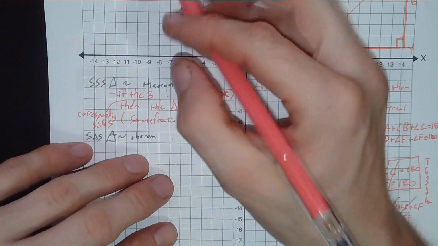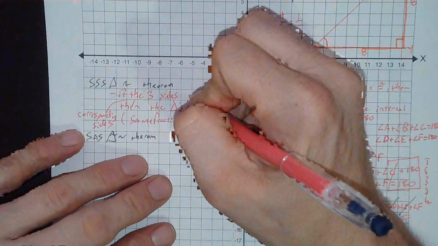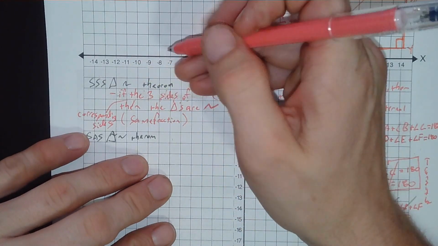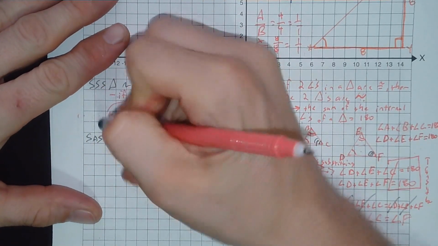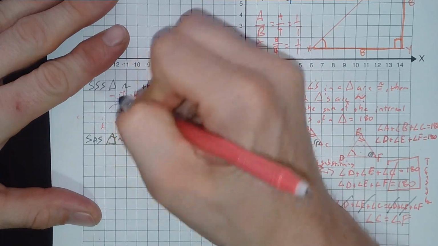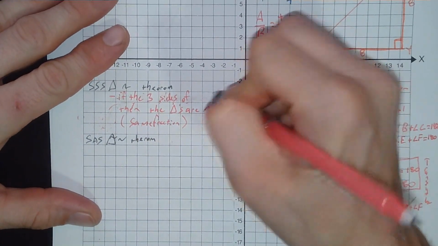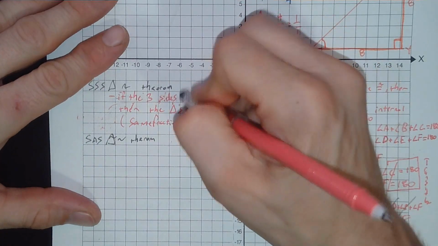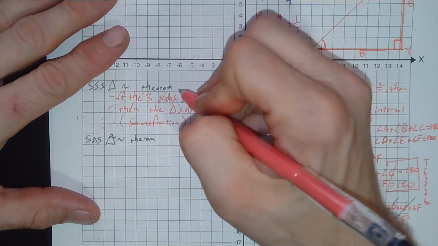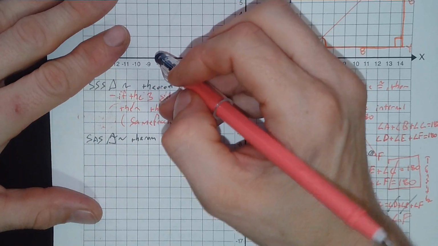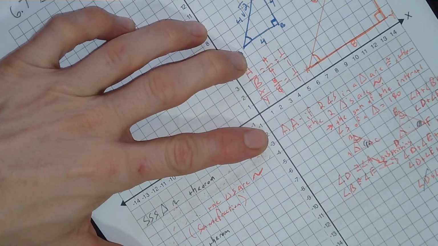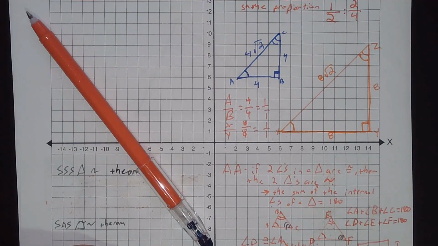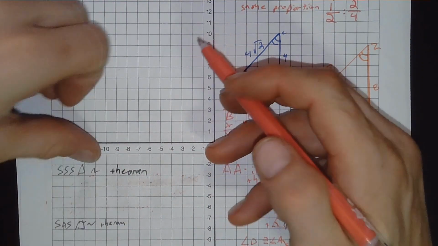All right, so if the three sides of corresponding triangles, and just write this whole thing over. What are you doing?